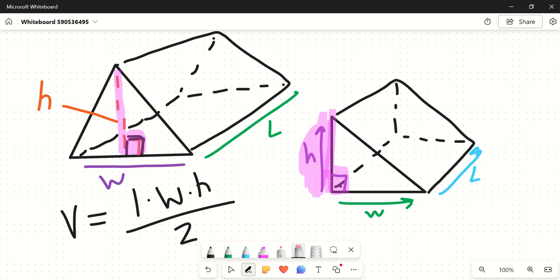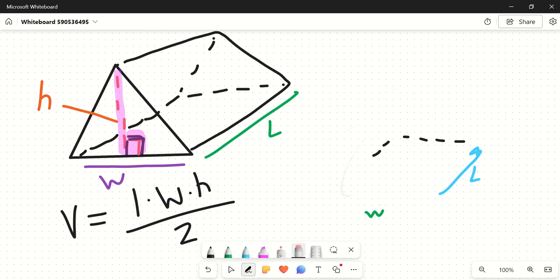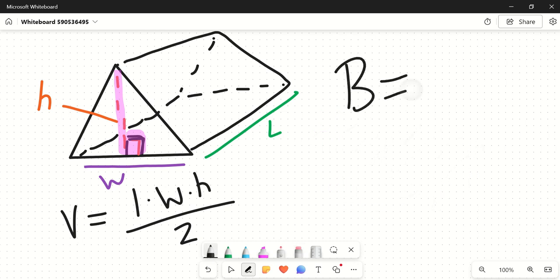When it comes to triangular prisms, again, please do not forget length times width times height, and then you what? Ladies and gentlemen, divide it by 2. Now, the textbook tells us this, that the base of a triangular prism is the triangular part of the prism.